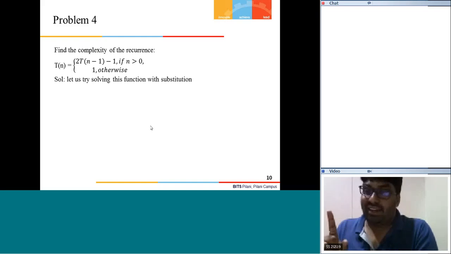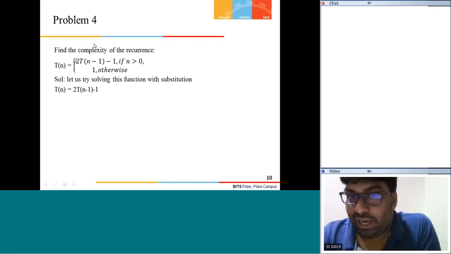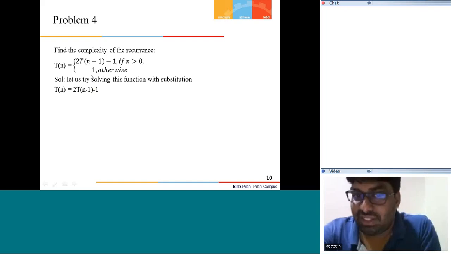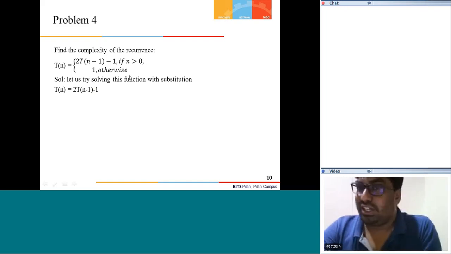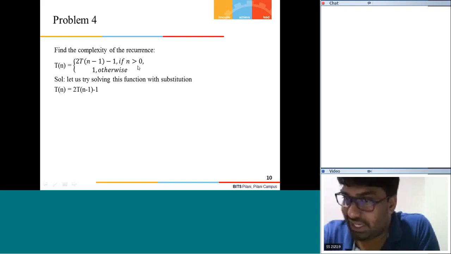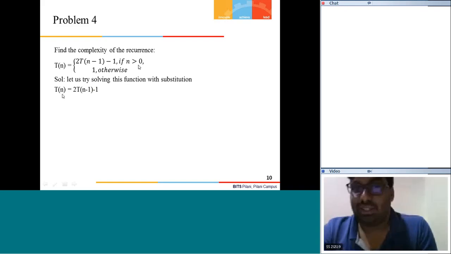The T(n) has one condition where it is 1, and in the other condition it is 2T(n-1) + 1. This statement will execute when recursion is happening, and this statement will execute when there is no recursion. So this we call the base condition.